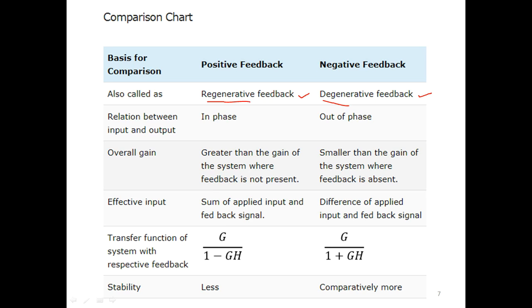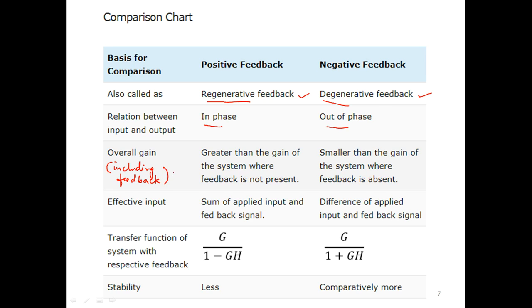So negative feedback is degenerative, and positive feedback is regenerative. Then the relation between input and output signal. We had just discussed that in positive feedback, both input and output are in phase. In negative feedback, they are out of phase. Overall gain: when we say overall gain, it is including feedback, in the sense what is the gain with feedback and without feedback.